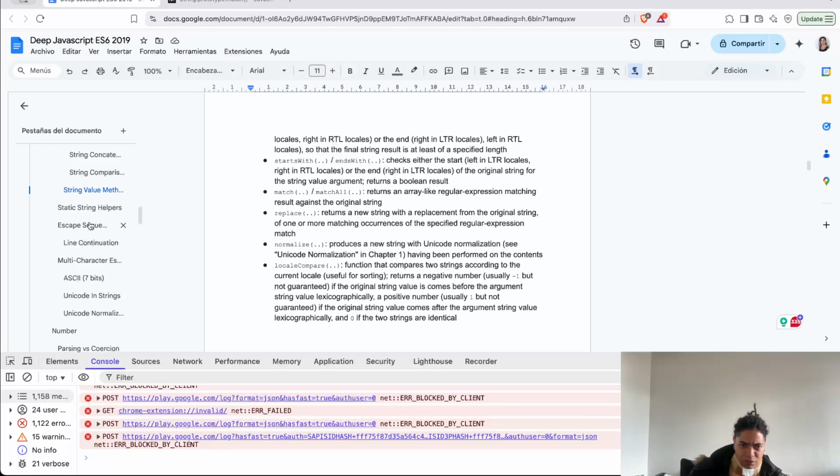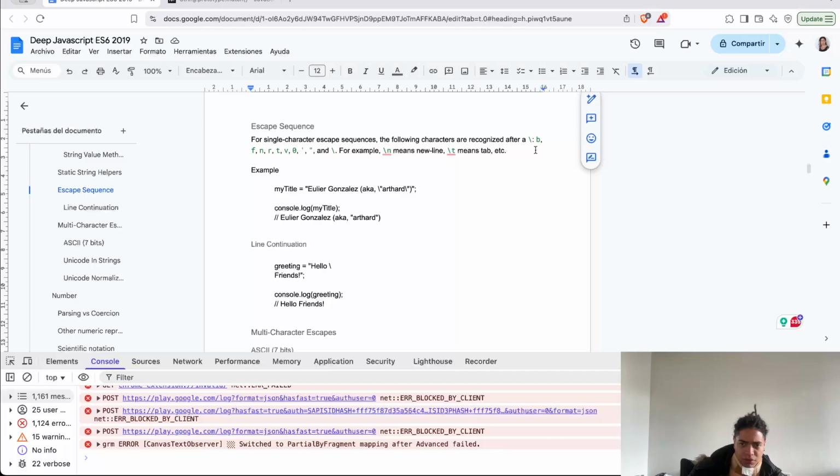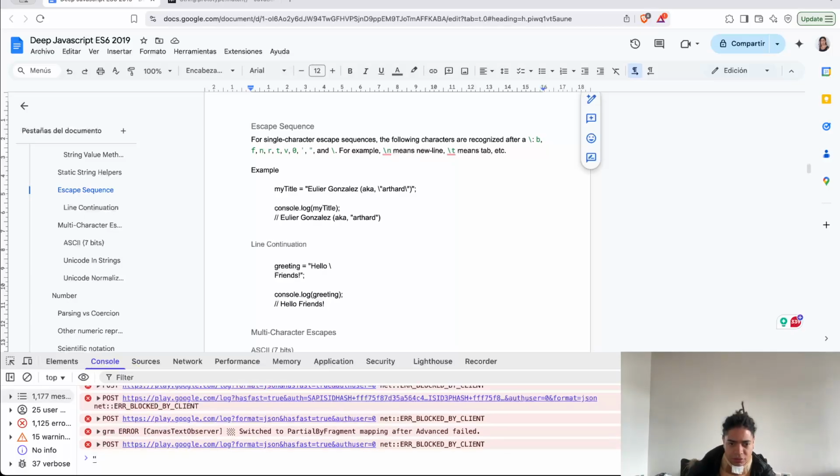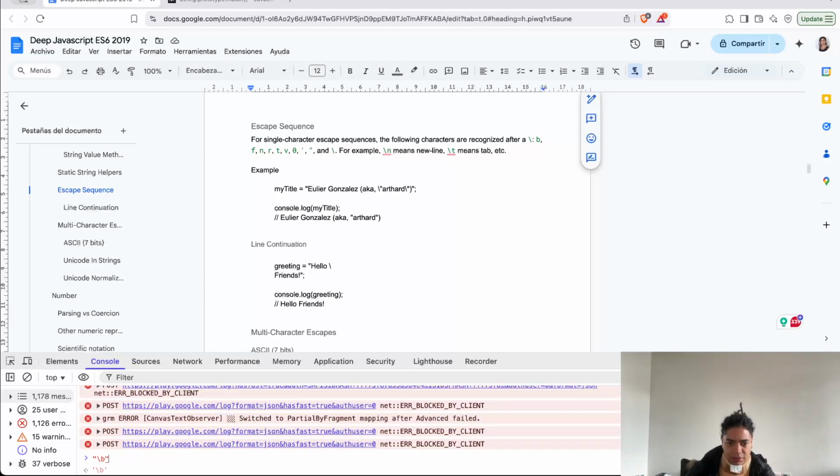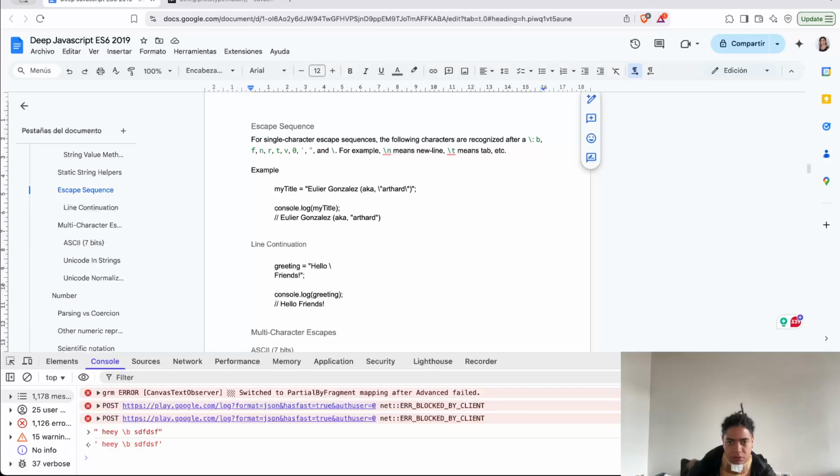There are some escaping characters that I'm not quite familiar with. For example, I know what this one is. If I try to escape this character, you use this escaping character.